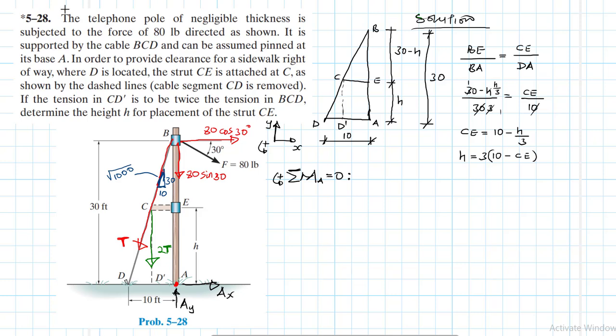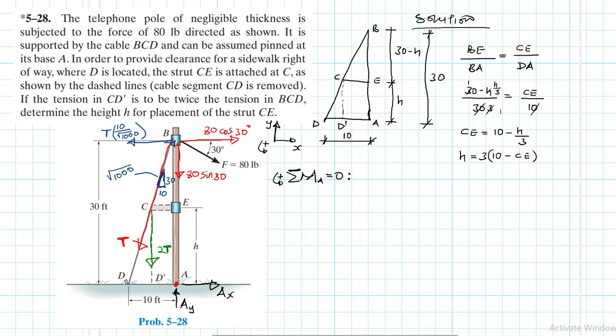This cable also will have components. It will have one component this side, and this force here is the tension, we just call it T. So it will be T times, we have this slope, so it will be 10 divided by root of 1000.